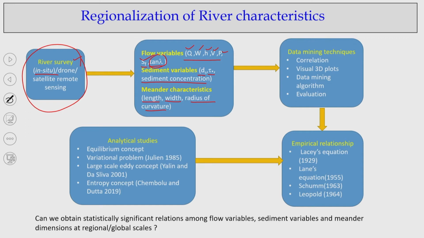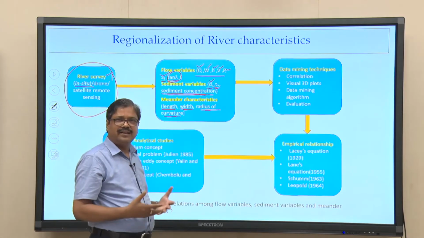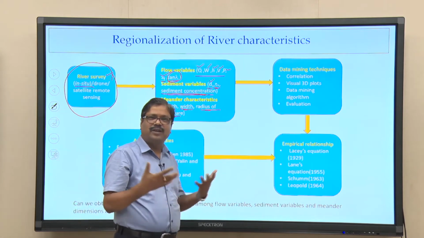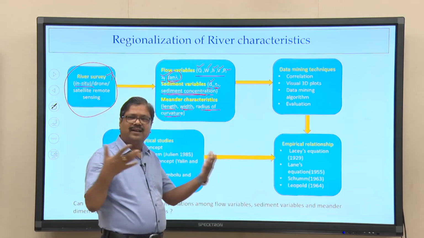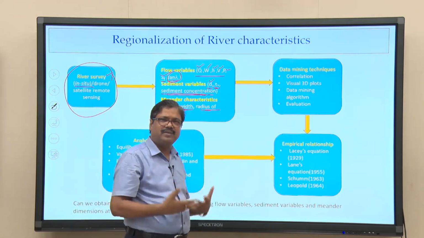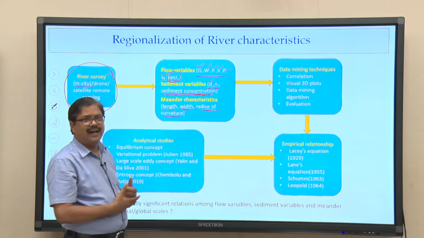For the sediment part, we can have the particle size distribution, silt number, and sediment concentration, and for the meander, the length, width, and radius of curvature. So, we can get a large amount of data if we do the river survey by going to the field and collecting data, or we can use satellite imagery to estimate some of these characteristics. Nowadays it is quite easy to get satellite data; Google Earth is there, and many other satellite data providers give free data sets to characterize the river.